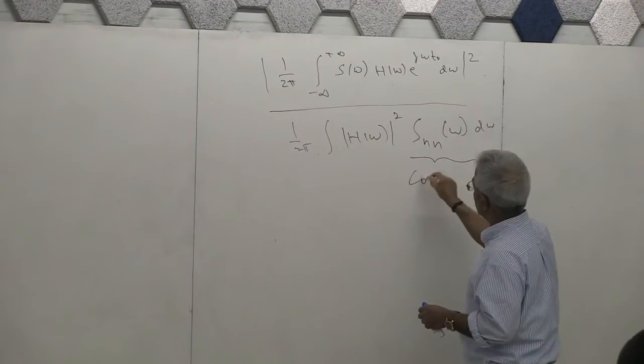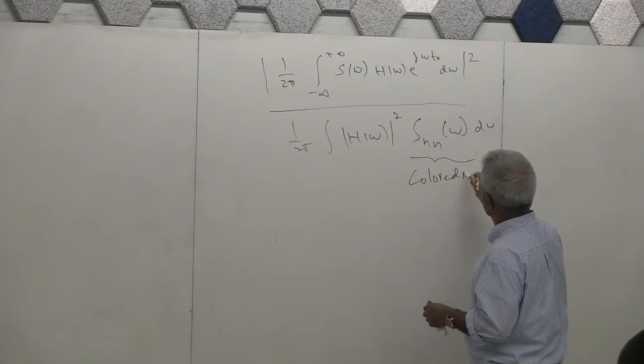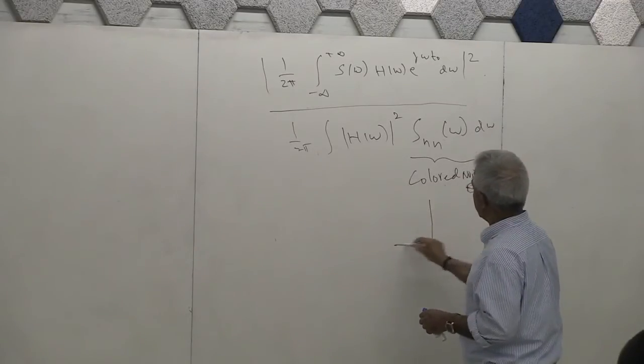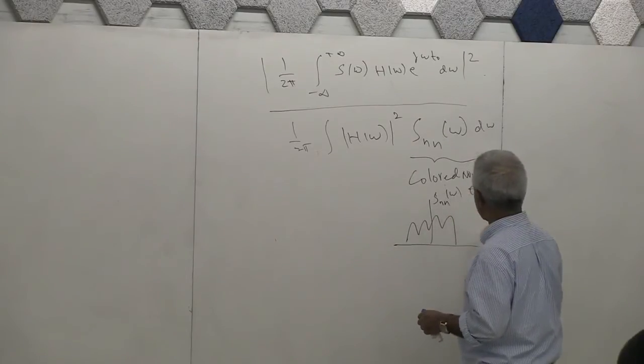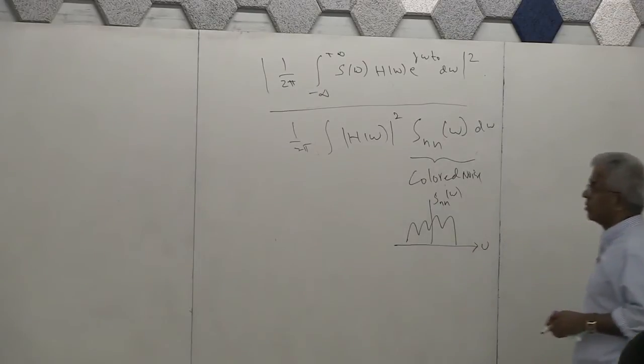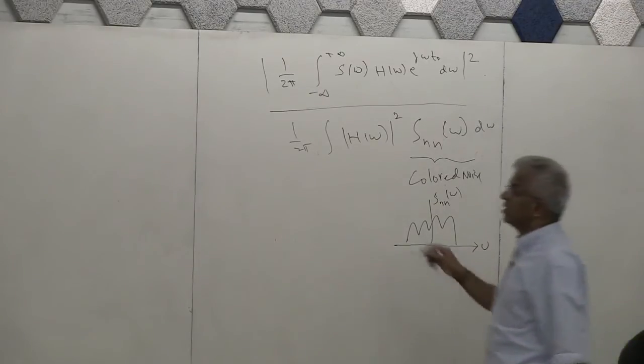Suppose this is colored noise. That means Sn(omega) is like this. So remember, this is the SNR output.